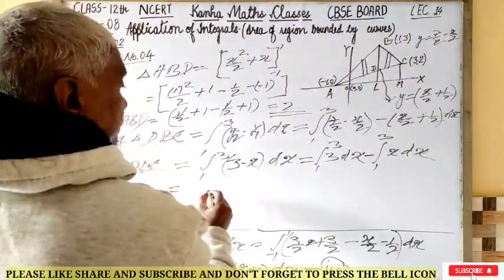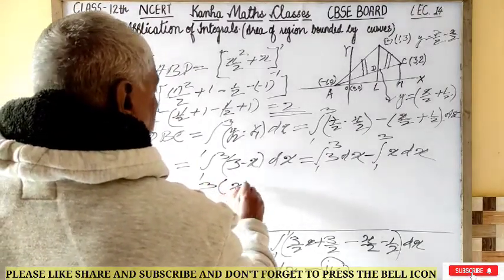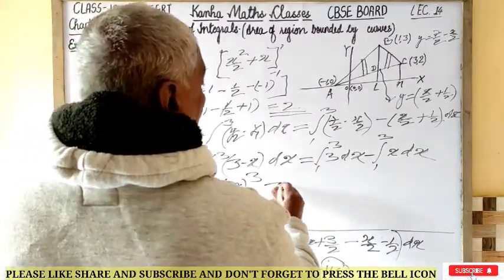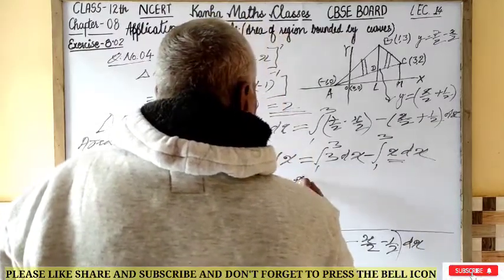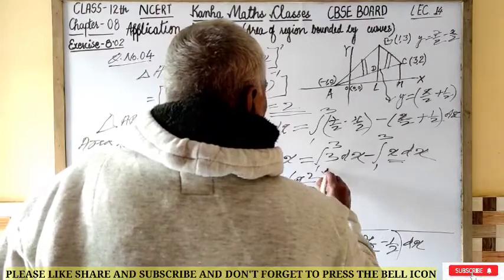Now this is 3 into x, from 1 to 3, minus here the integral of x will be equal to x square by 2, and 1 to 3.